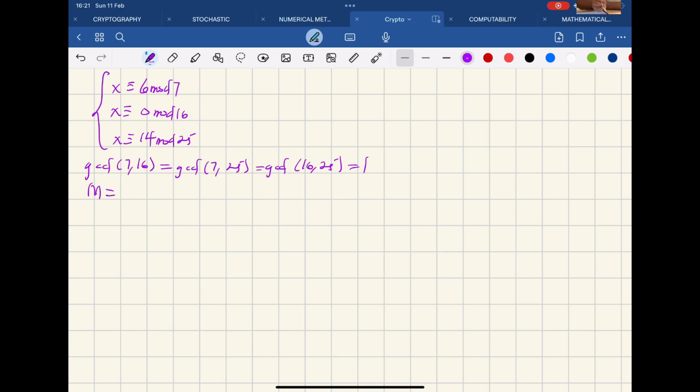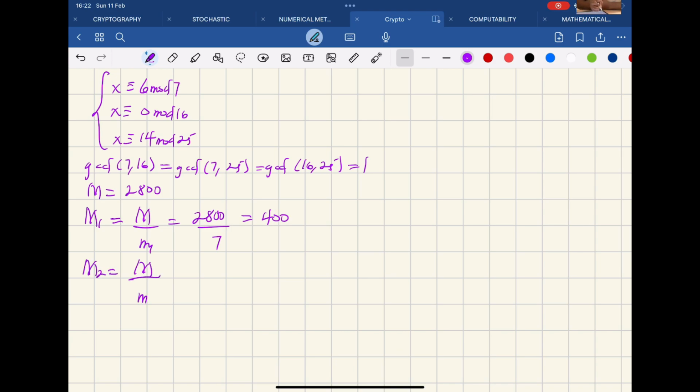Now let's find our big M. Our big M will always be equal to 2800, because that was what was given in the question. Now let's find big M1. Big M1 is equal to big M over small m1, so 2800 over 7, and that is 400.